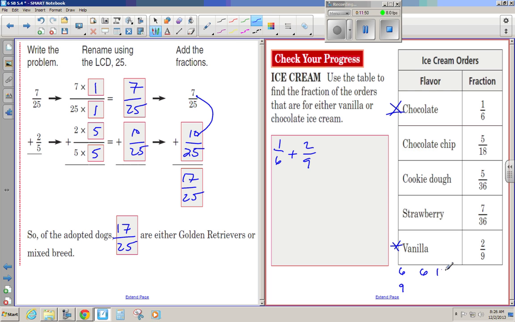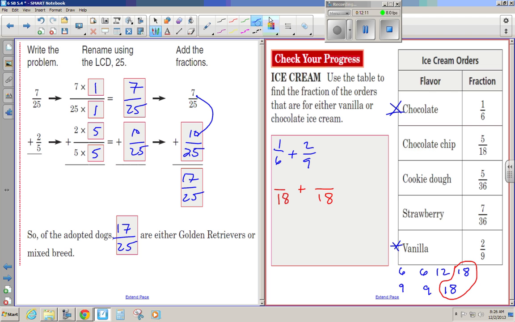I'm going to use the method of doing the list. And it fairly quickly tells me that 18 is our new denominator. So we're going to be adding 18ths.